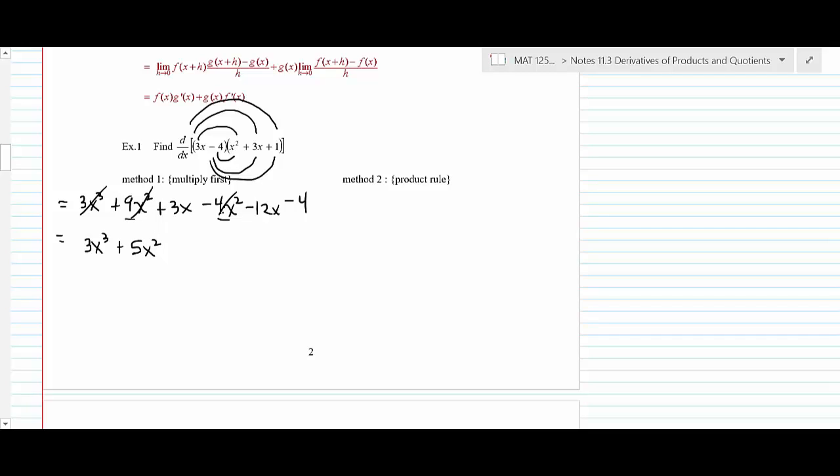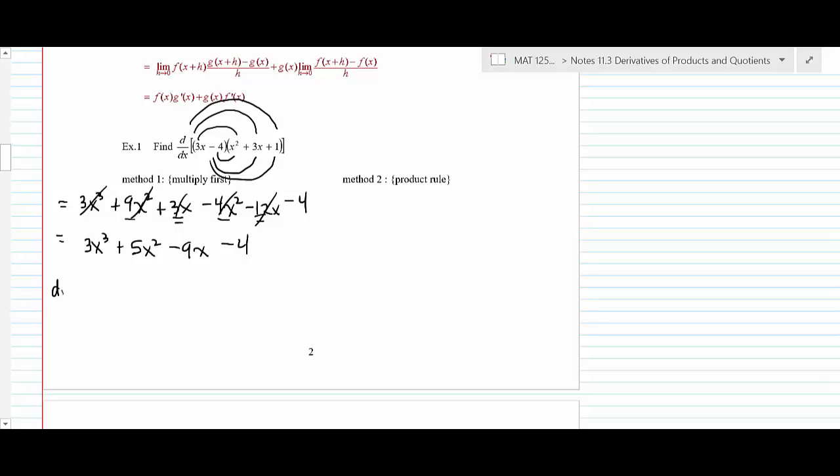Also, 3x minus 12x is minus 9x. And then we have a minus 4. So you want to make sure that you're comfortable with multiplying that out. Everybody okay there? Okay.